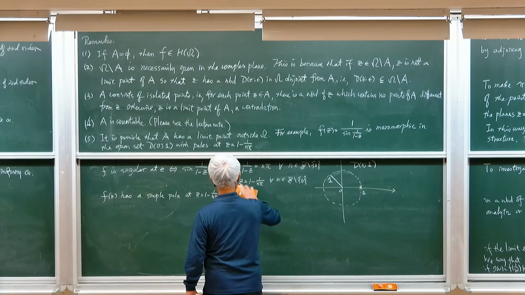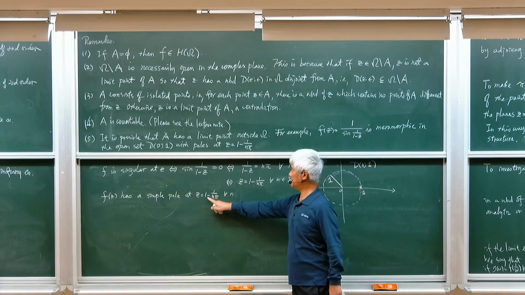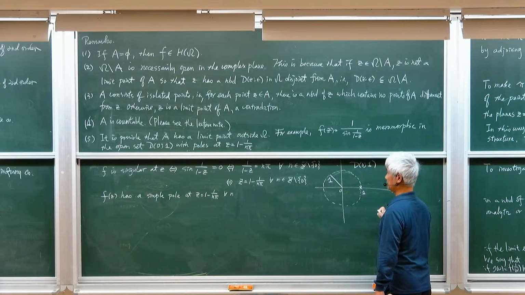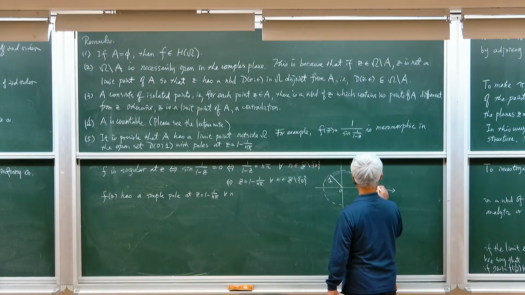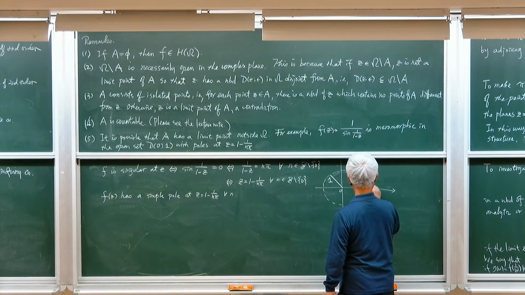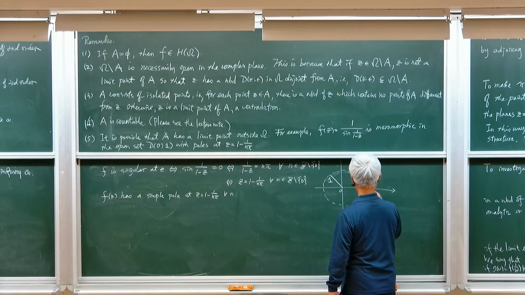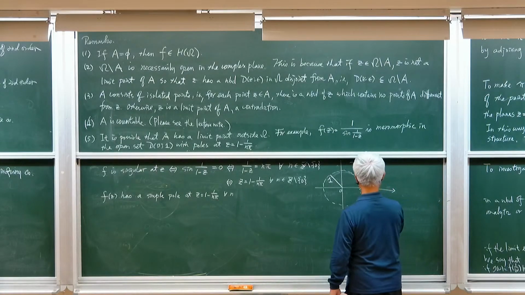But if n is negative, then these poles will be outside of the open unit disk. So maybe you can have here, this is the n minus 1 pi, etc. And you will have more.